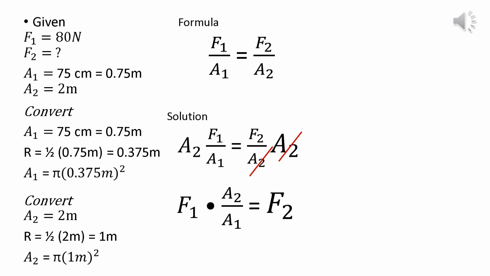Then we cancel or divide the like terms. Because they are division, there will be cancellation later on. So the final form of our formula is force 2 equals force 1 multiplied by area 2 divided by area 1.